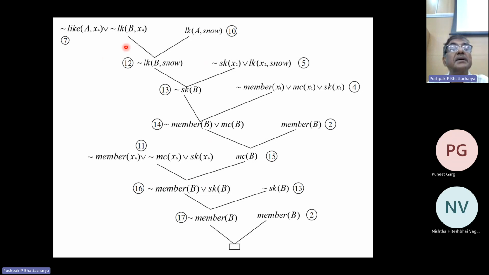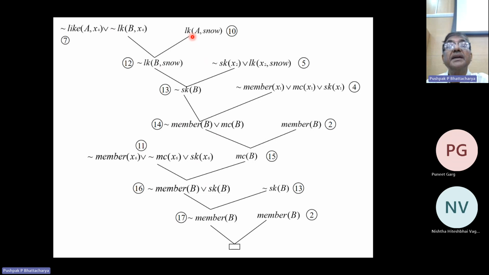What was the reasoning? A likes whatever B dislikes, and A dislikes whatever B likes. So since A likes snow, let me make use of the knowledge that A likes whatever B dislikes. Okay.